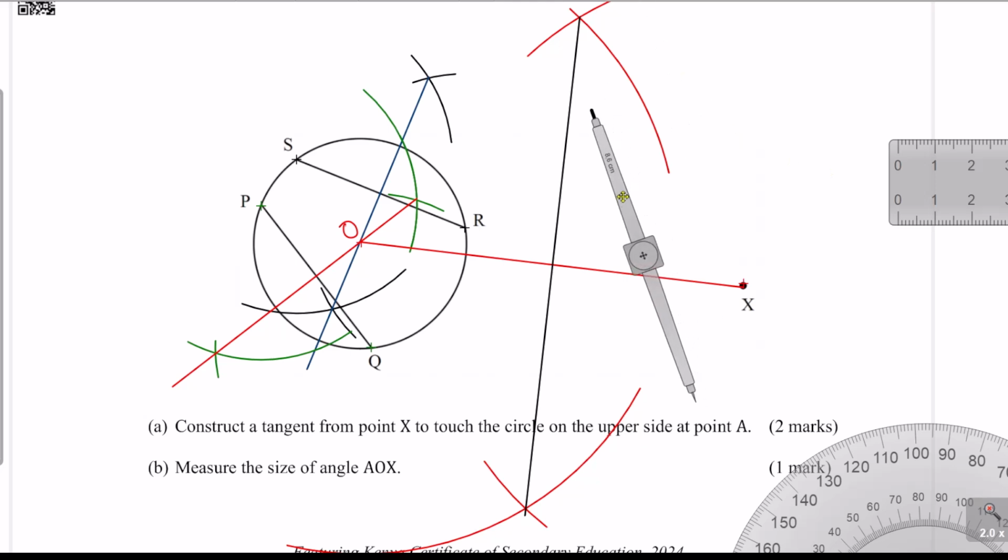You can call this point M, that midpoint there. So take the distance OM and measure that distance. So from O to M, take that distance there.